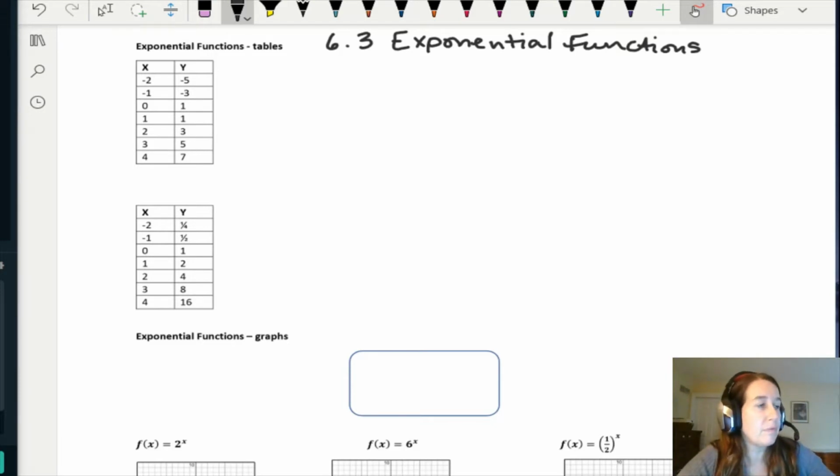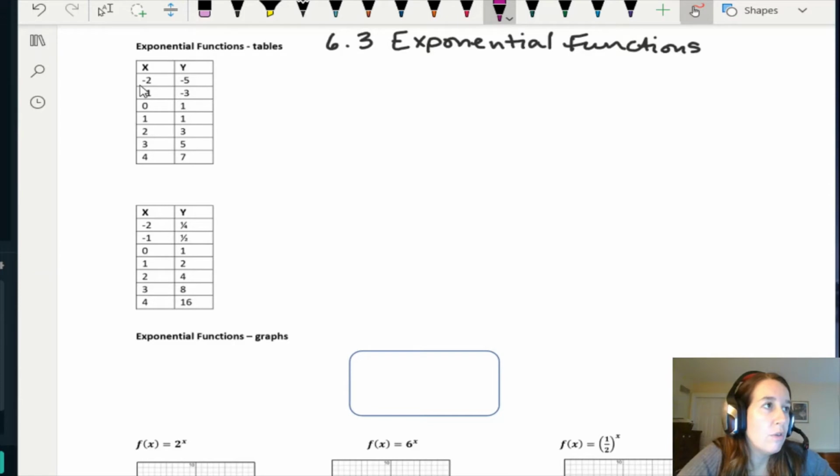So, if we start just with a basic table, we're looking at a function and we have an x value, an input, and a y value. And we're going to see which functions might be exponential and which are something else.